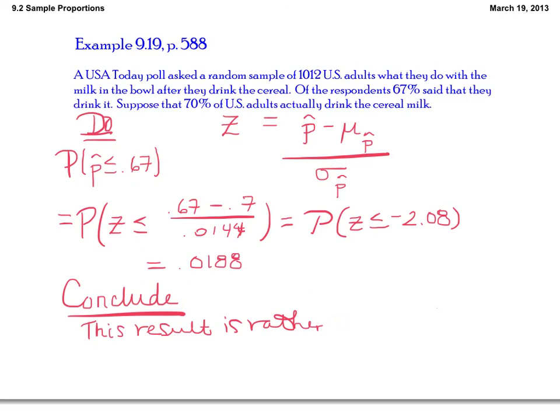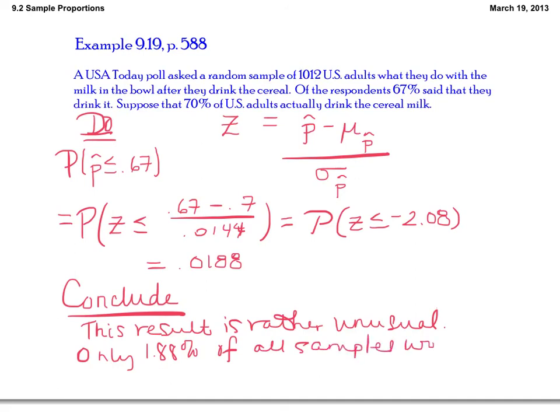And again, the reason why is that only 1.88% of all samples would have results this far away from the mean.